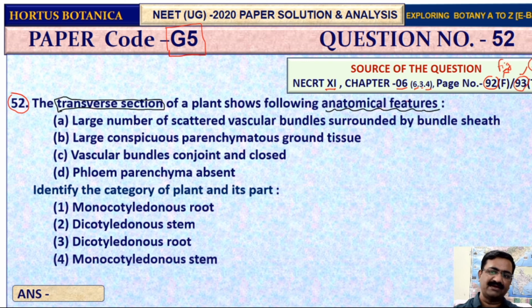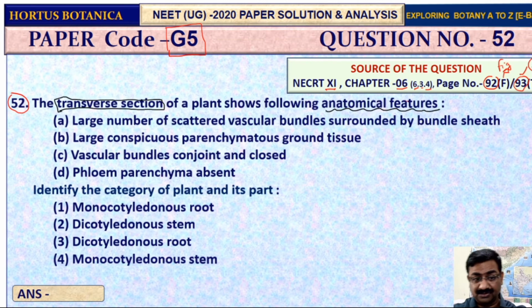As you give the transverse section, you will find a circular structure, because you know stem is a cylindrical structure, root is also a cylindrical structure, so you will find a circular outline.